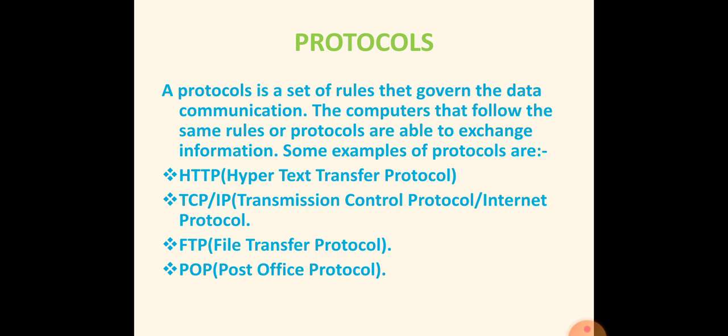The next one is the File Transfer Protocol. It is a protocol used to transfer and manipulate data over the internet. The next one is POP. It is a network protocol used to retrieve emails by clients from remote servers. Similarly, other protocols are also available like IMAP, SMTP. So, all these protocols are required in order to do the data communication.